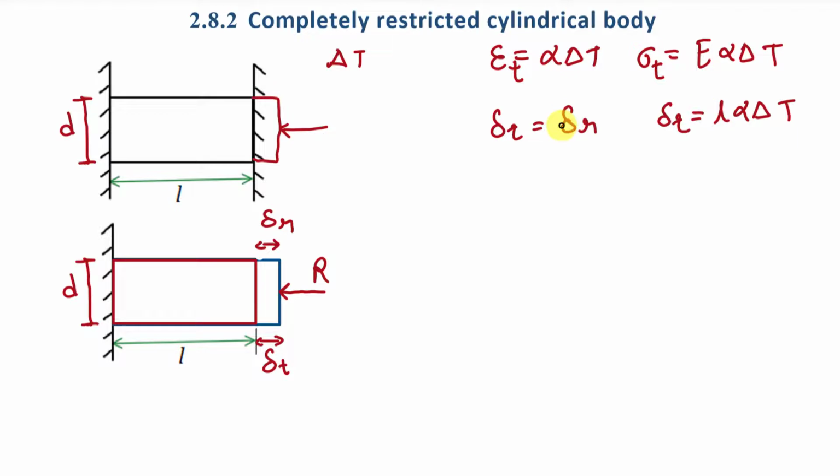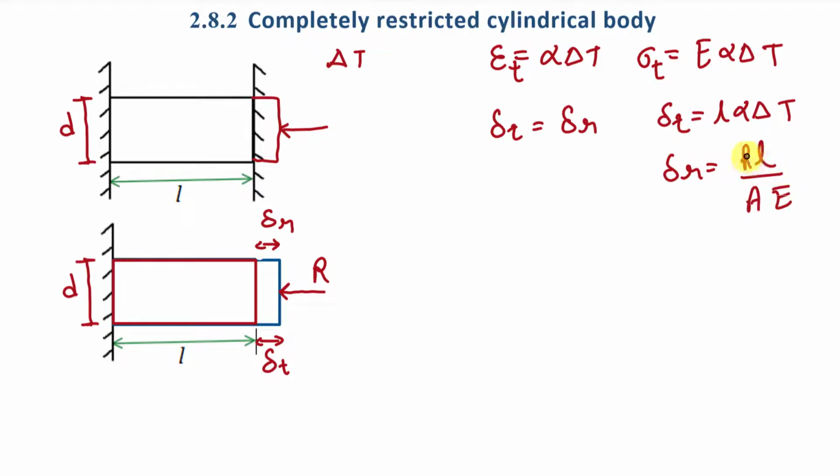Now what will be the value of delta R? Delta R will be the deformation due to this reaction R. Means we can say that this deformation delta R is the deformation in the body due to axial load R, and we know that the value of deformation due to axial load will be RL divided by AE, right?